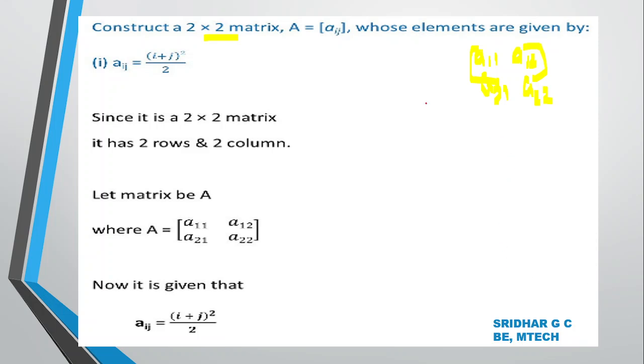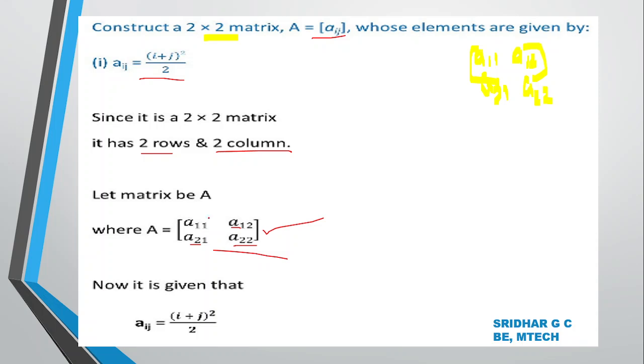So they are asking us to construct a 2 cross 2 matrix from a formula. They have given Aij, as I told you earlier, whose elements are given by the formula Aij equals (i plus j) whole square by 2. Since it is 2 cross 2, it will have only 2 rows and 2 columns. So A11, A12, A21, A22 will be the matrix.